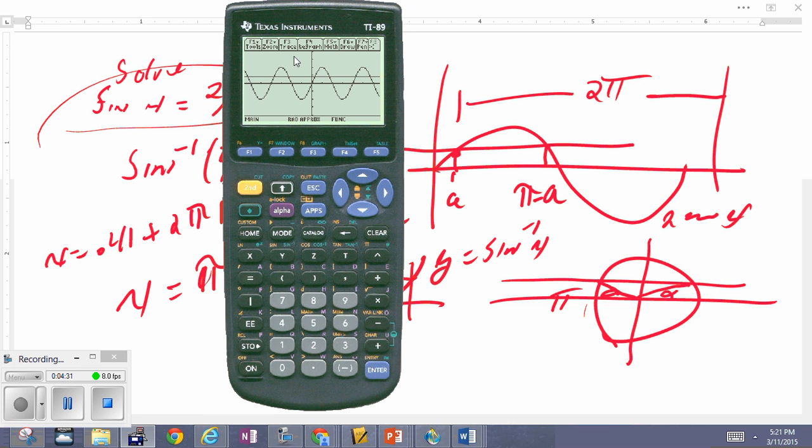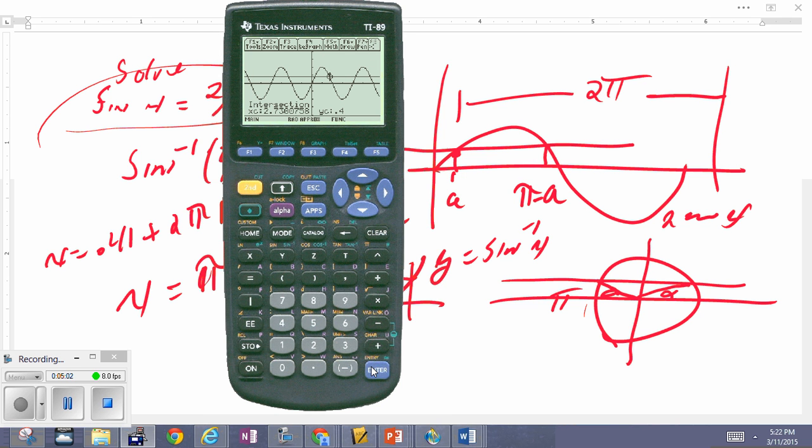So this should be the pi minus 0.41. We're going to go to F5 to our intersection menu item. We're going to scroll in close proximity to that. First curve, enter. Second curve, enter. Then we want to be a little bit to the left of that intercept point, enter that. And then scroll over a little bit to the right of that intersect point and enter that.